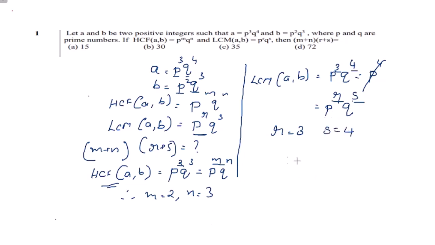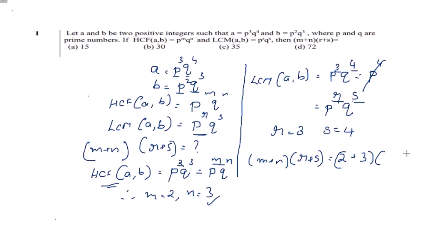Now what do we have to find out here? (m plus n) into (r plus s). What is m here? m is equal to 2, plus n is equal to 3, close the bracket, into r plus s.